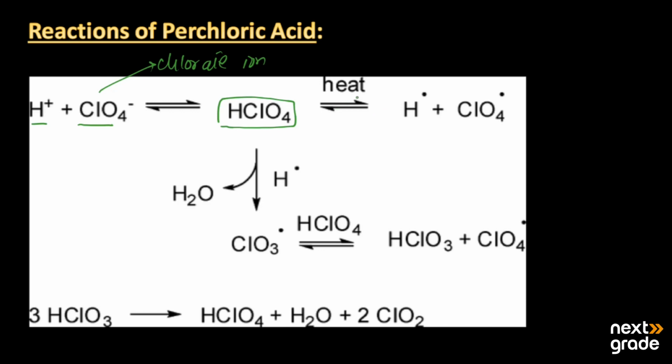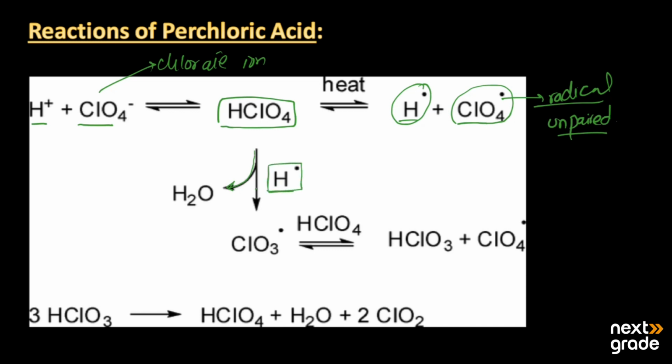On the other hand, when it is heated again, it produces two radicals. The first one is the hydrogen radical and the second one is the chlorate radical. Here, this dot just shows that it is a simple radical that contains an unpaired electron. If we remove the water from here and there is an addition of the radical, then there is a formation of another radical, which is ClO3.